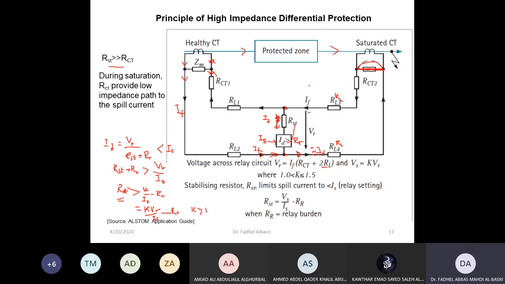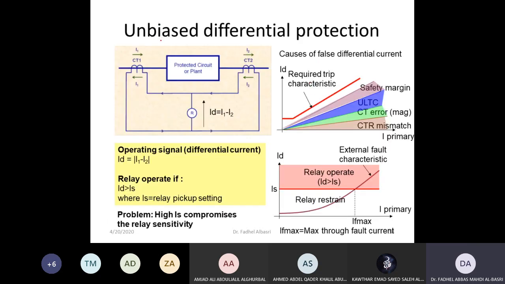The second solution is called biased differential. To know what's biased, I will just show you what's unbiased differential. Now, normally, as I mentioned before, the differential current could be not equal to zero even during normal operating conditions.